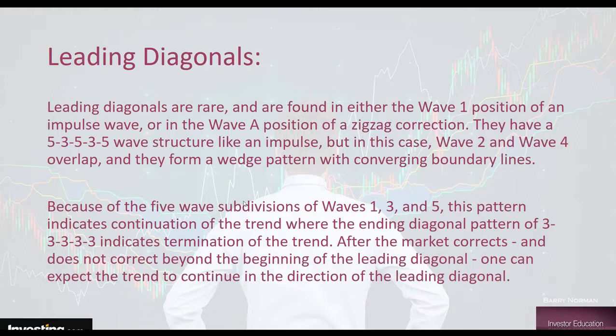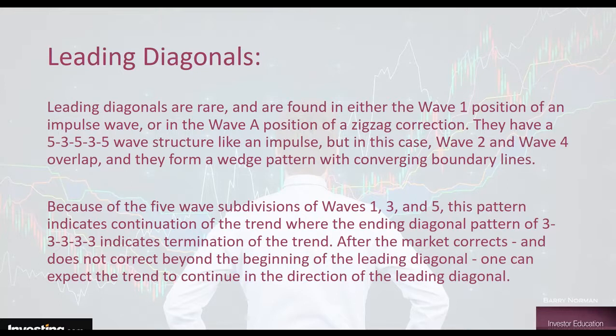Now, leading diagonals are rare and are found either in the wave 1 position of an impulse wave or the wave A position of a zigzag correction. So remember, you have wave 1. In that, you can have a subwave that has 1, 2, 3, 4, and 5 in it, and then you can have a subwave of that that has 1, 2, 3, 4, and 5 in that.